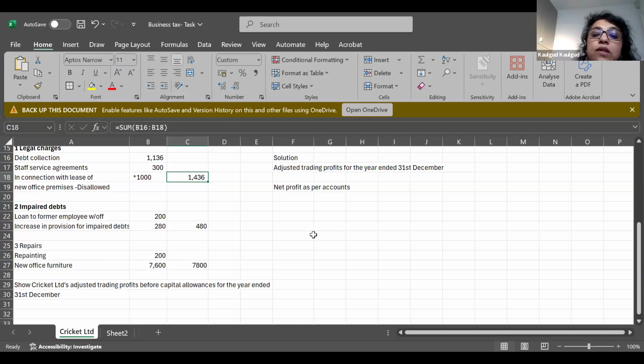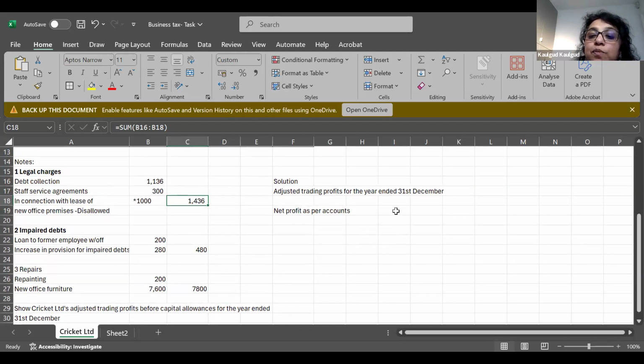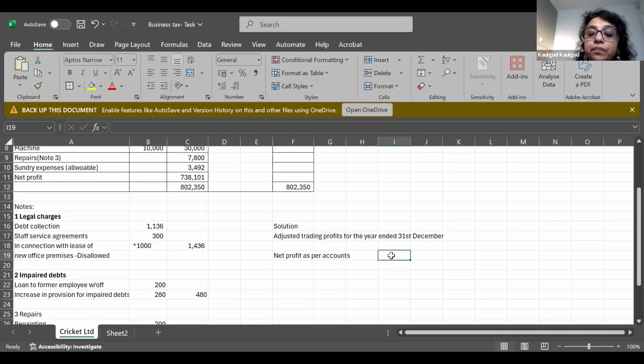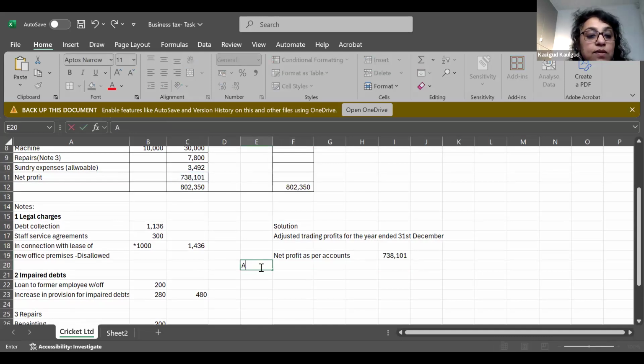So what I'm going to do now is take net profit as per accounts. We'll start with that figure. Net profit as per the accounts is this, so I'm just going to copy that figure, equals net profit. Then I add all the disallowed expenses.